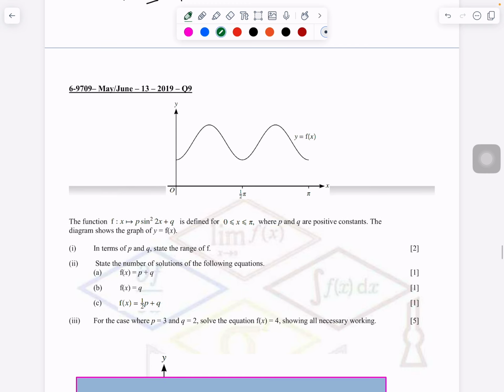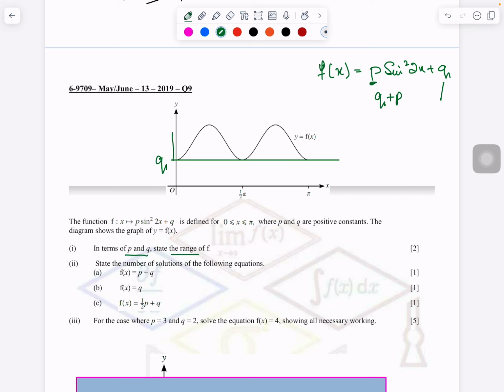So the question is saying, first of all, find out the range in terms of p and q, because numbers are not given here. So the question is f(x) is equal to p sin²2x plus q. We have just seen from the previous concepts that this is your axis of the curve. In this graph, I can see very clearly this will be my q. And the maximum value is what? q plus p, because this gives you the amplitude.